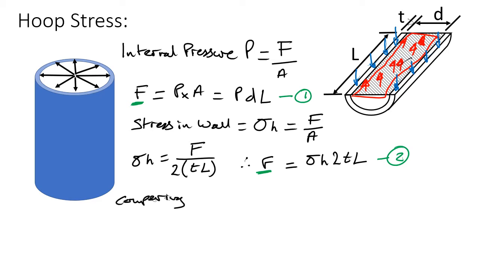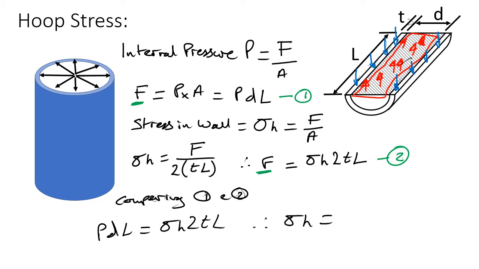Comparing 1 and 2, we have P D L equals sigma H 2TL. So our L's are going to cancel out, so if we then work out our hoop stress, it's going to be P D over 2T.